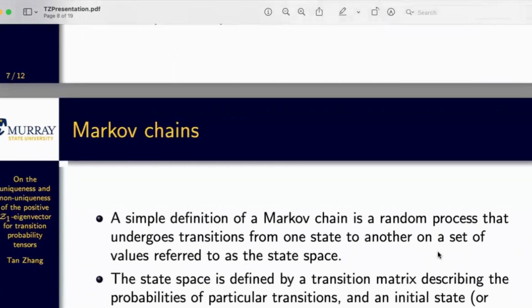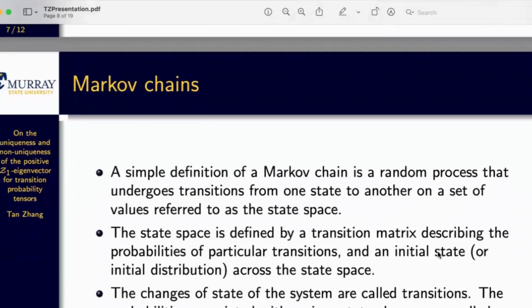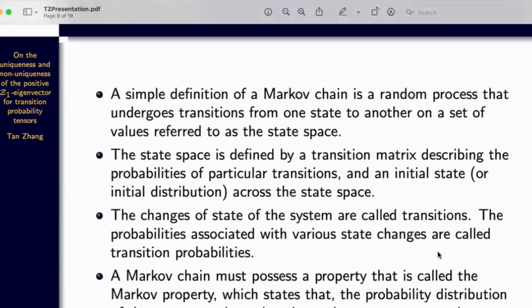So let's begin by recalling some basic definitions and facts involving the Markov chains. A simple definition of a Markov chain is a random process that undergoes transitions from one state to another on a set of values referred to as the state space. The state space is then defined by a transition matrix describing the probabilities of particular transitions and an initial state or initial distribution across the state space.